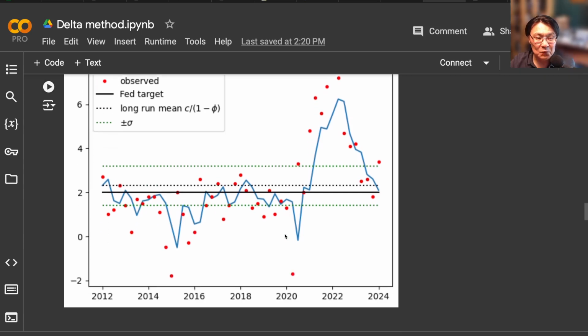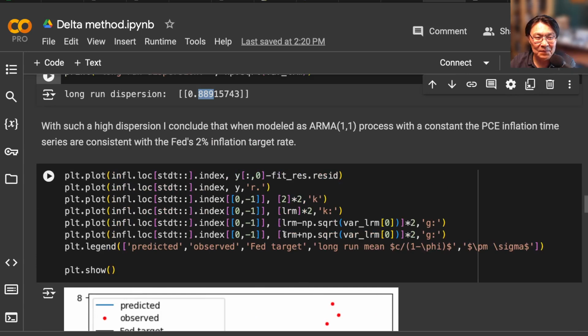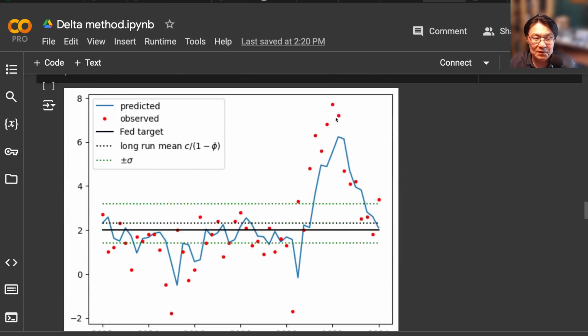So that's why I'm going to declare that this ARMA model, and the estimated long run inflation mean, is consistent with the Fed's target of 2%. There's so much noise that whether it's 2.31 or 2%, we cannot really statistically differentiate. So it seems like the Fed is doing its job, but yeah, there's still a lot of noise.